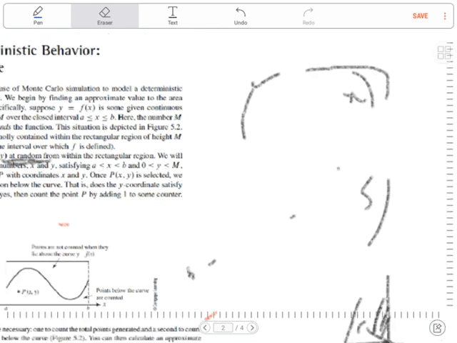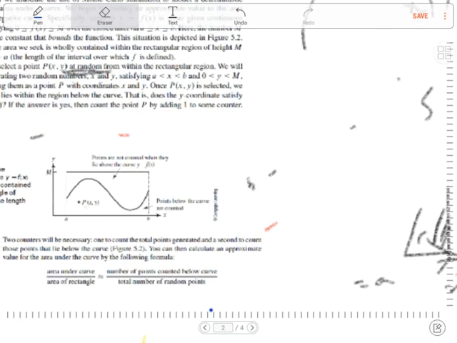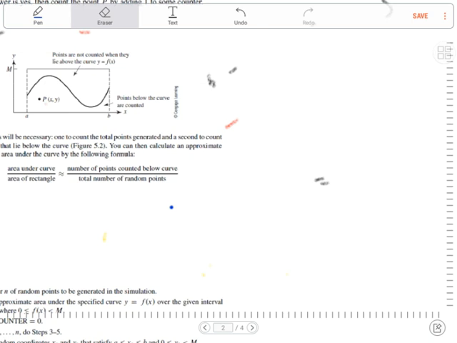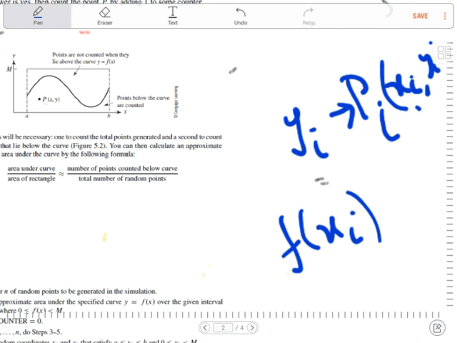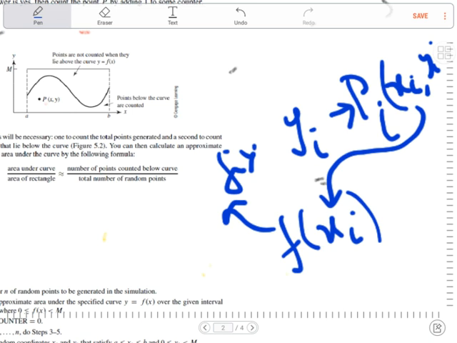Now, yi corresponds to the point pi, say (xi, yi). For f of xi, here also I am using the random sequence only, but along with it a fixed function is used. This is already given.